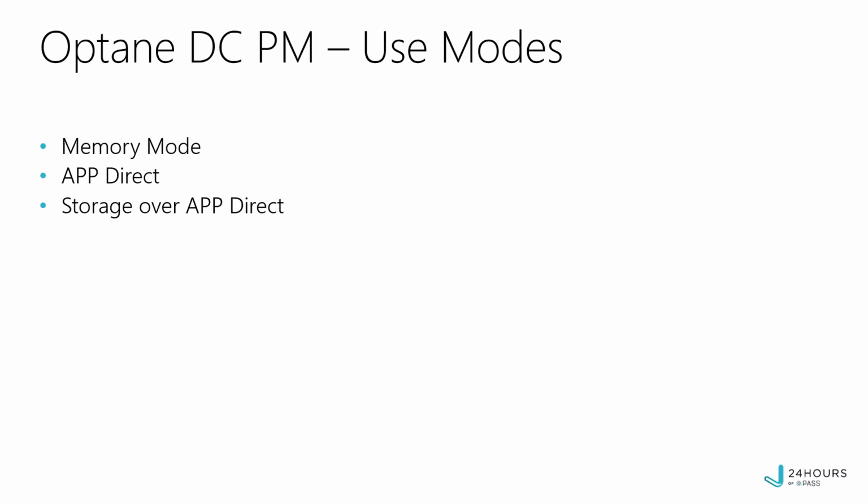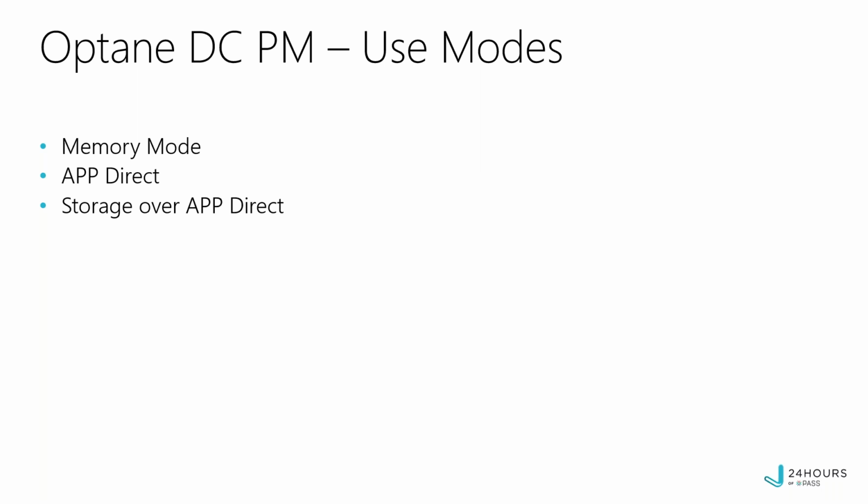It's just using the Optane persistent memory as volatile memory, so you're not going to have any persistency, and the operating system will just address that memory region as RAM. App direct is the persistent memory mode where you use the device as direct access. And storage over app direct presents that persistent memory module as a regular block device.